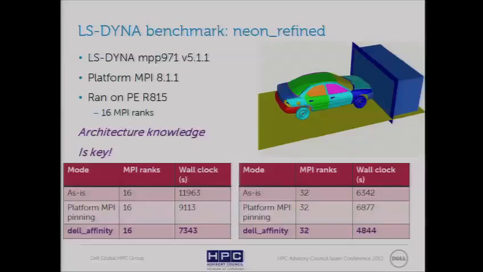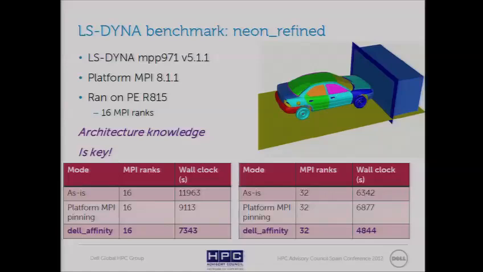Here are some other benchmark results on the Neon refined benchmark for LS-DYNA that you can find on topcrunch.org. I used LS-DYNA 5.1.1 and the latest platform MPI at the time.